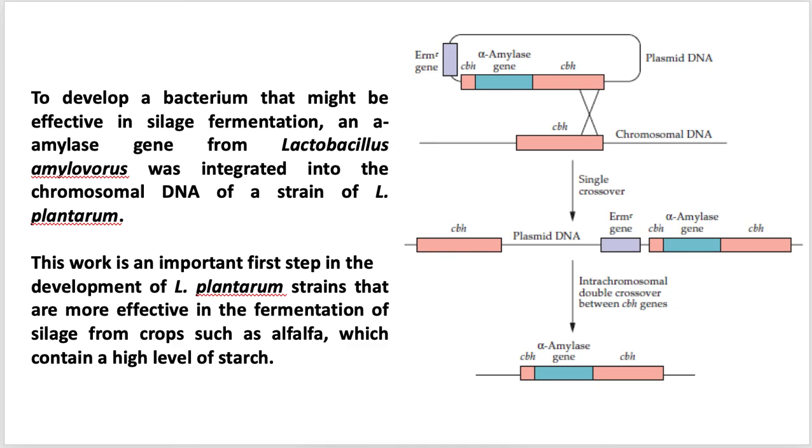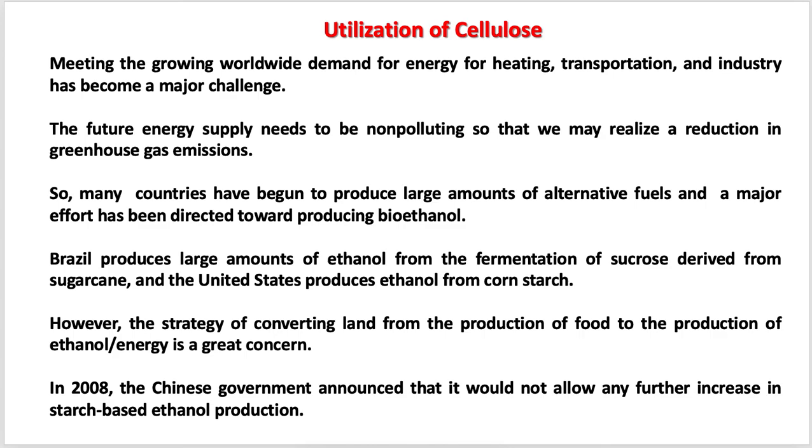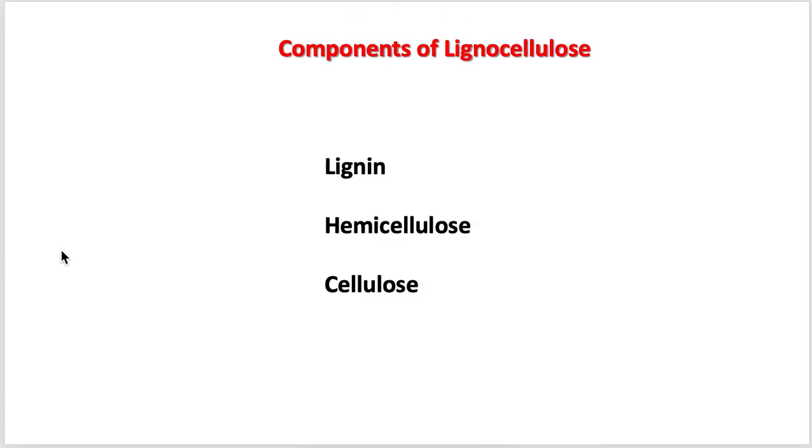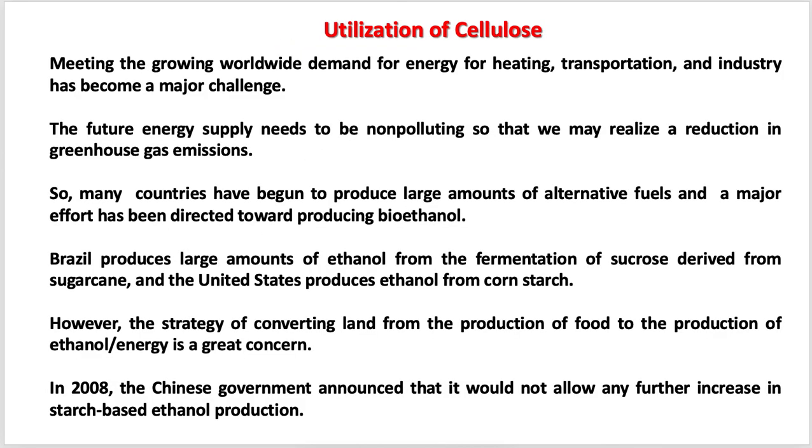So basically that's all for this lecture. If you go through the rest of the slides, you will find that the utilization of other raw materials such as cellulose, lignins, and hemicellulose have been discussed.